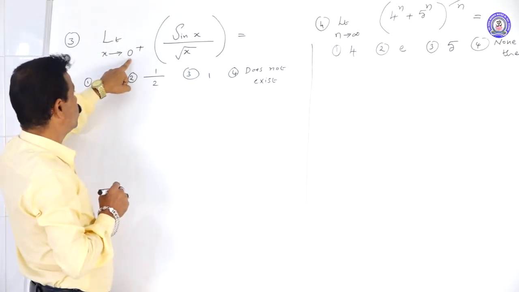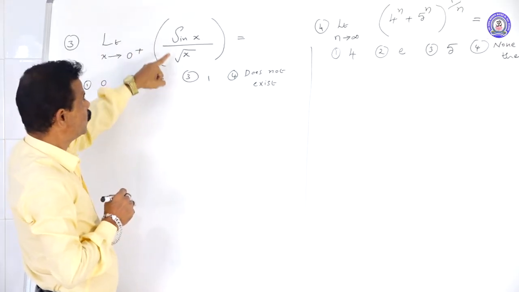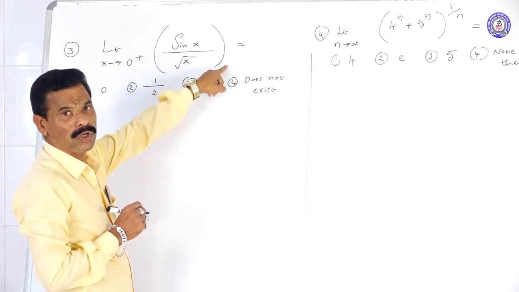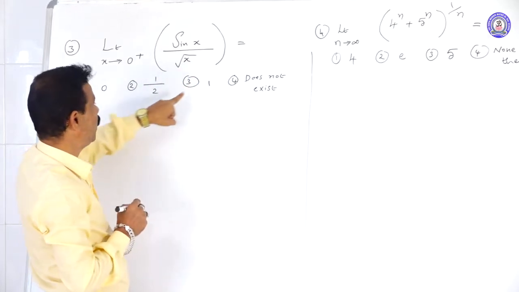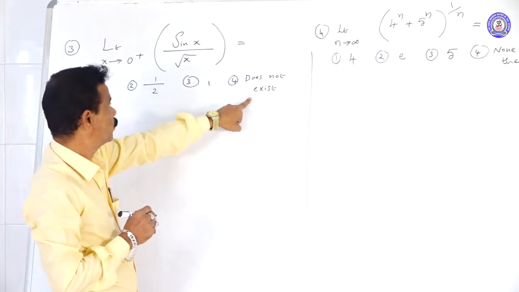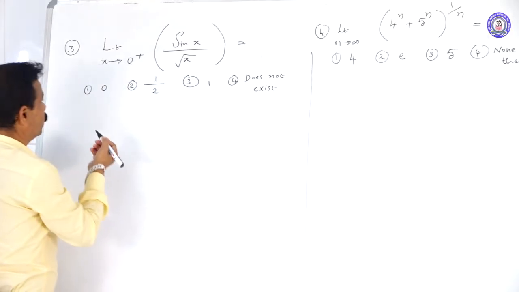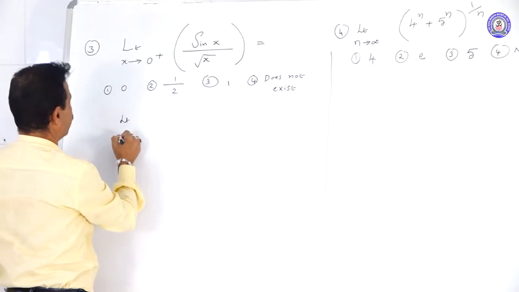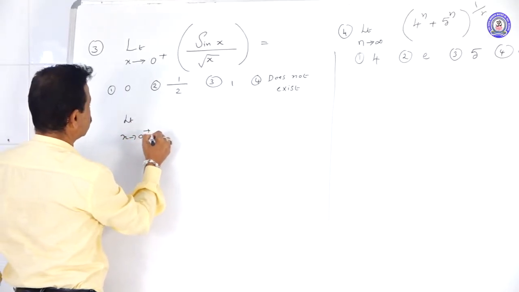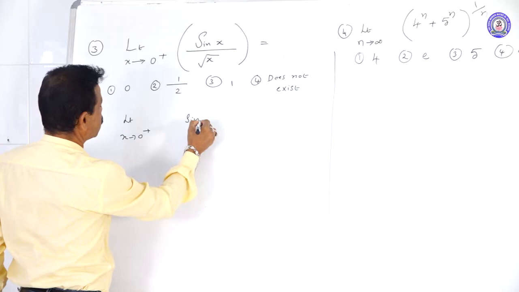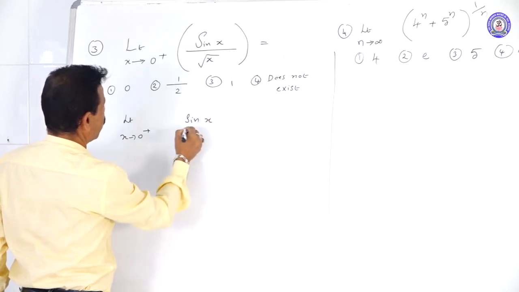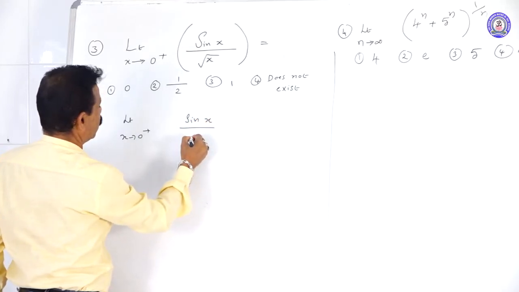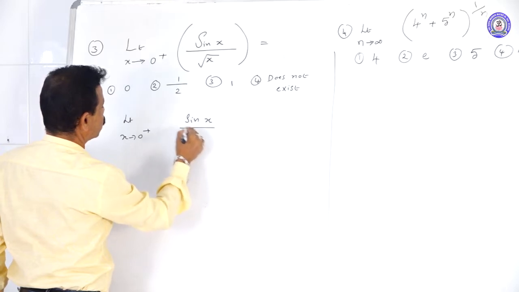Limit x tends to 0 of sin x by root x is equal to 0, 1 by 2, 1, does not exist. Here, consider limit x tends to 0 plus of sin x by root x.